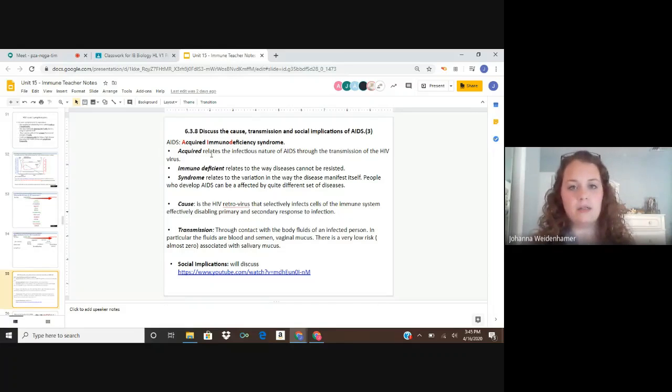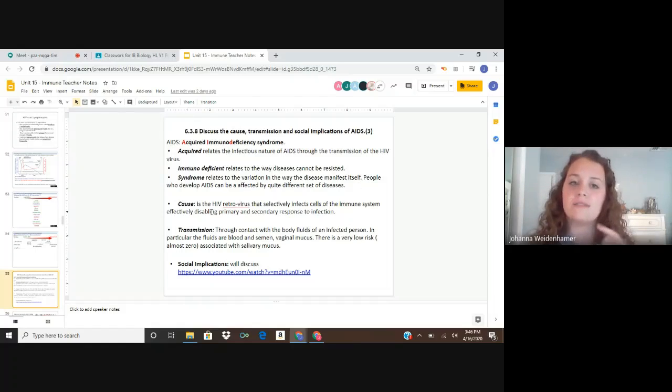So acquired relates to the infectious nature of AIDS through transmission of the virus HIV. Now, immunodeficient relates to the way the disease cannot be resisted. Syndrome relates to the variations in the way that this disease can manifest. So people can develop different diseases because of their immune system not being able to fight off other pathogens that may come in.